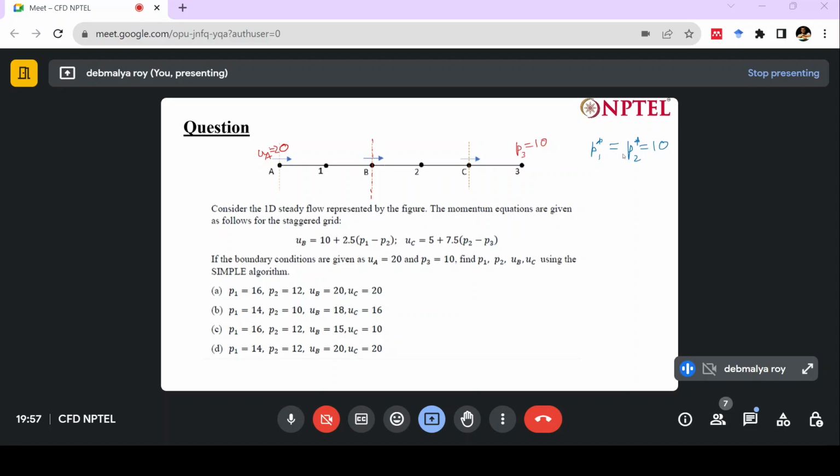So what is the next step? We have to now find the guess values for the velocities using this pressure guess value. So pressure guess value I have already taken. So what is the velocity guess value? UB star.